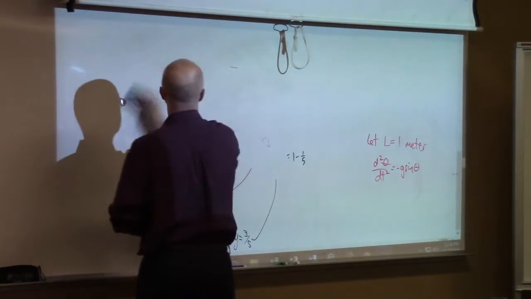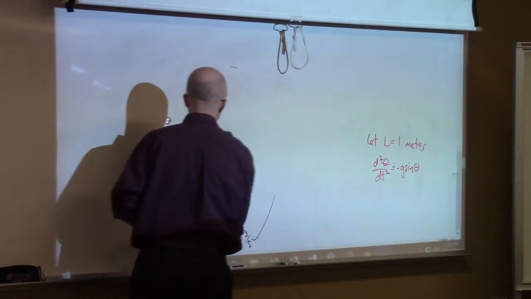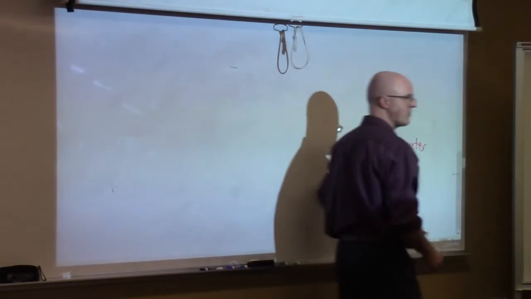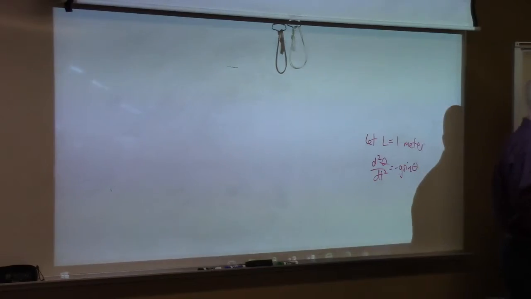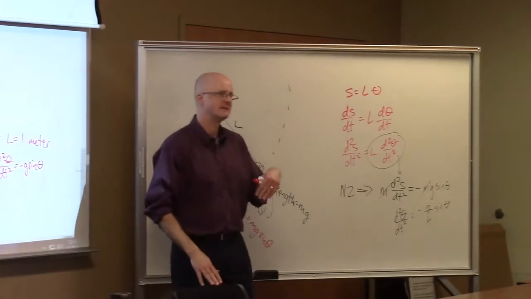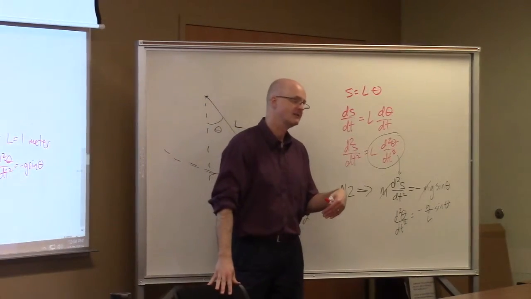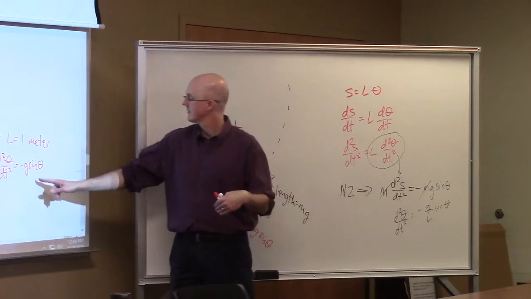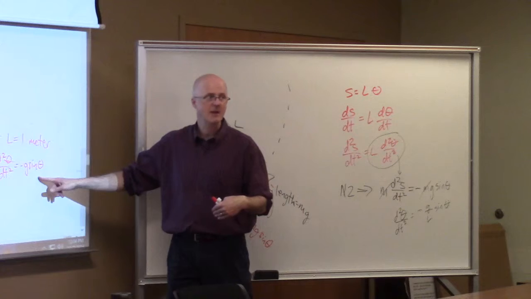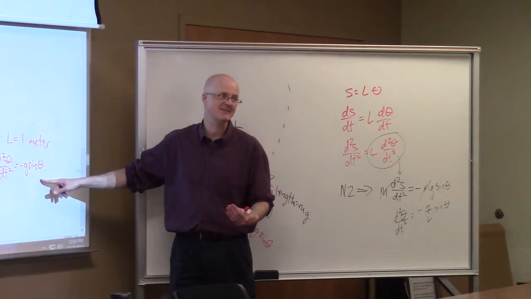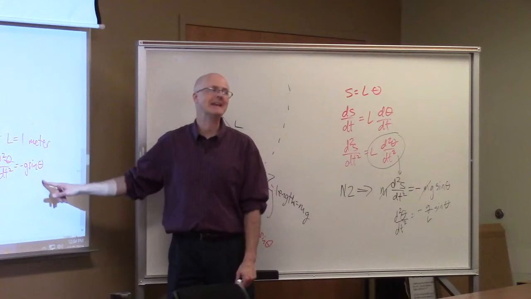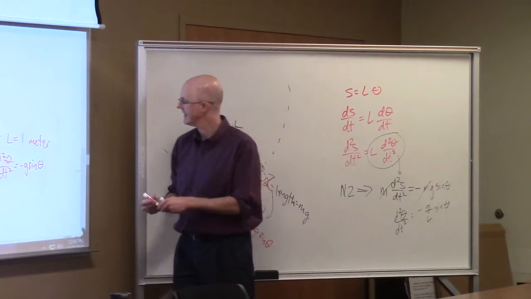However, it is a more complicated equation because it's what's called nonlinear. With the mass on a spring, we had the second derivative of x with respect to time was something times negative x. We don't have something times negative theta here. We have something times negative sine theta, not theta. The sine theta is the nonlinearity.